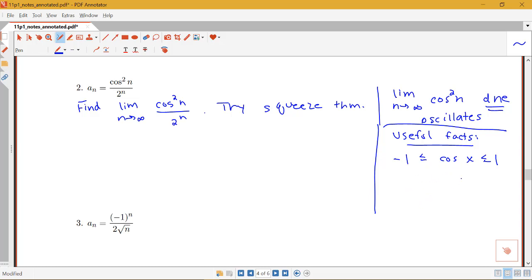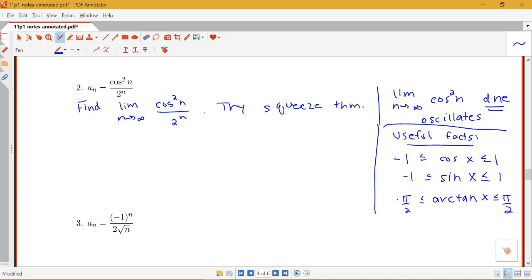We oscillate between -1 and 1 with our cosine function. Sine also stays between -1 and 1. And your arctangent function you'll also see come up in some examples. Arctangent is between -pi/2 and pi/2. The only one we're going to need in this example is some information about cosine, but I just want to mention these inequalities might be useful in some other problems that you'll see.